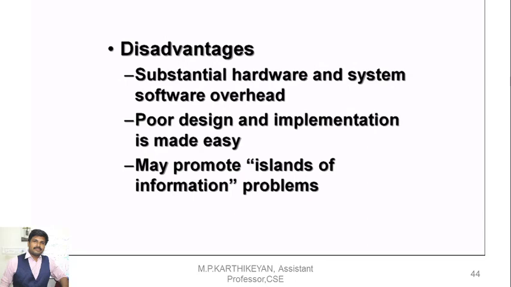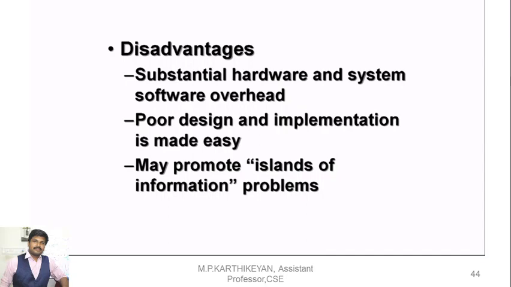One is substantial hardware and system software overhead, which means proper hardware and system software are needed. Hardware as well as system software is very essential in order to get an efficient output using the data available in those databases.